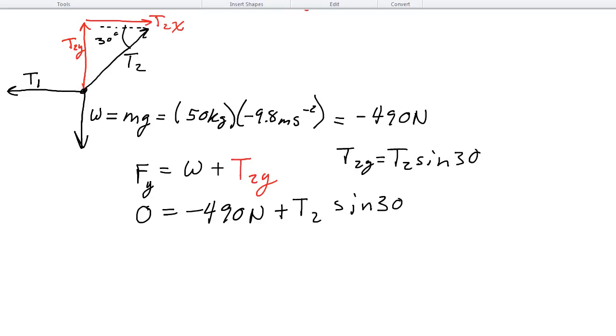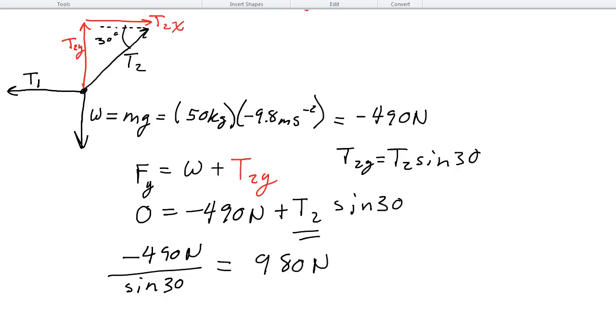Alright? And so I'm trying to solve for T2 in this case, so I'll do some rearranging. So negative 490 newtons divided by sine of 30 gives me a tension T2 of 980 newtons. Okay, so I know that the tension T2 is equal to 980 newtons.